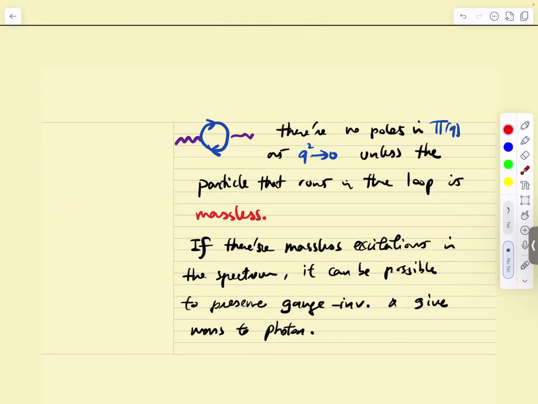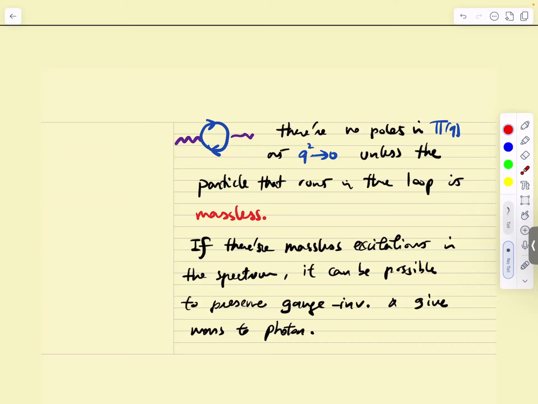So rewind. What was this a summary of? Because I'm out of time. Previously, what we'd said was this. We'd said that gauge invariance means transverse modes. Transverse means that this diagram has to be proportional to q^μ q^ν minus η^μν q squared.